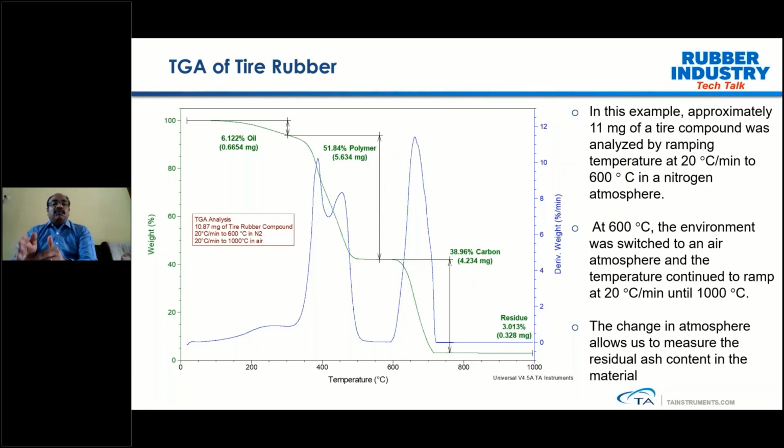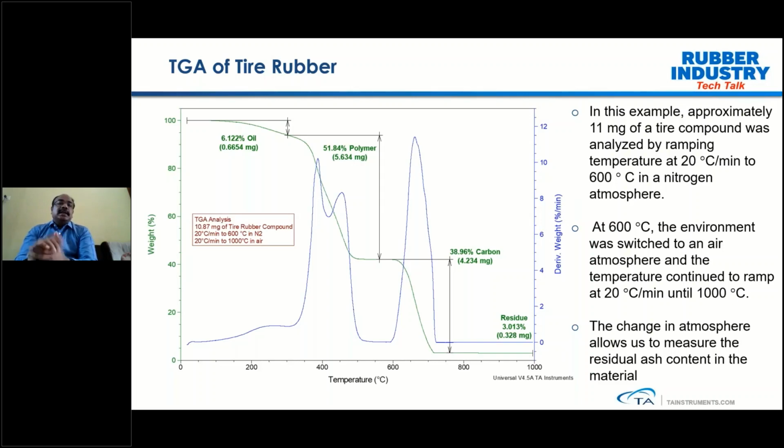And finally, we see the residue and the ash content, due to the presence of filler content, which is 3.031%.